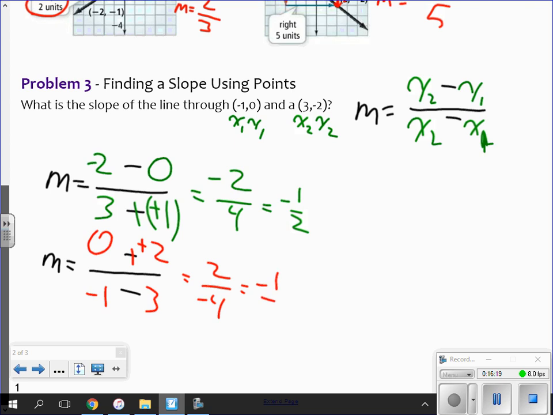You still get -1/2. It doesn't matter which y-coordinate and x-coordinate comes first, as long as whichever one is first in your numerator, the matching x is first in your denominator.